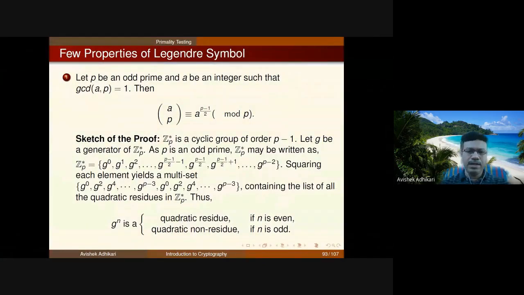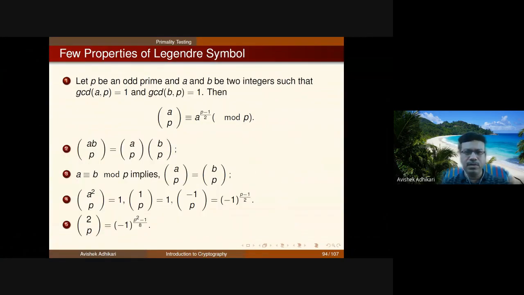Let us have some more formulae that may help us in finding these values. There are a few handy formulae that would be helpful for reducing further. For example, the Legendre symbol (ab/p) is the same as (a/p)(b/p), where both a and b are relatively prime with p, and p is an odd prime.